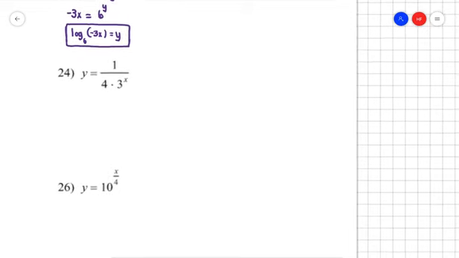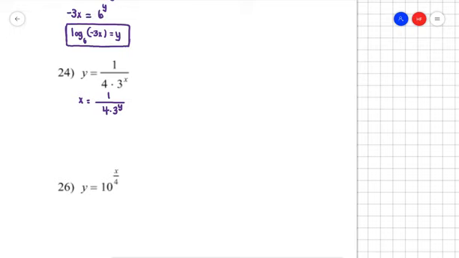Now on number 24, we're going to switch our x's and our y's first, and I want that y to be in my numerator.